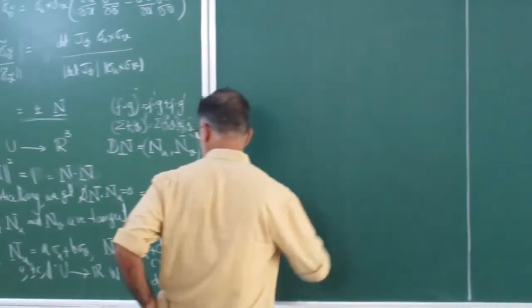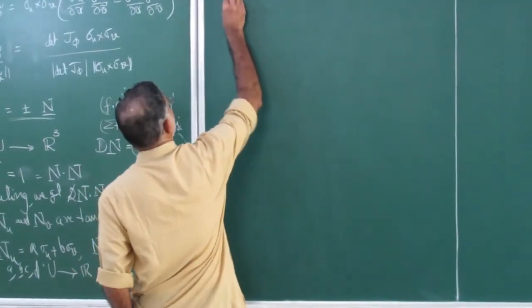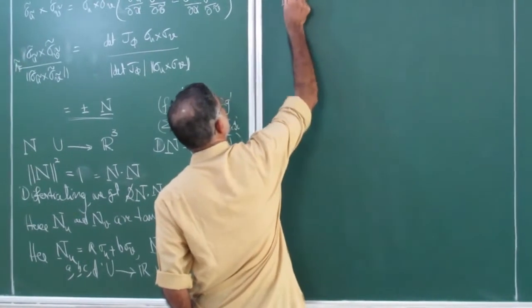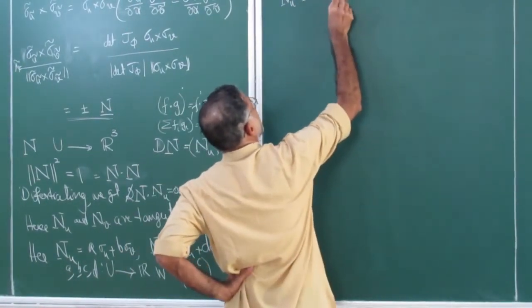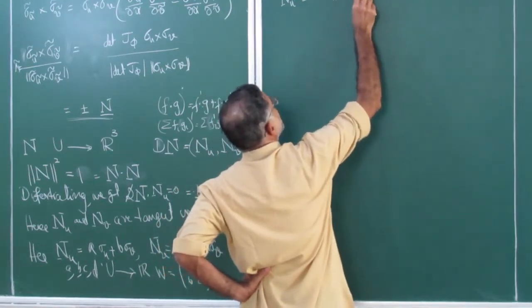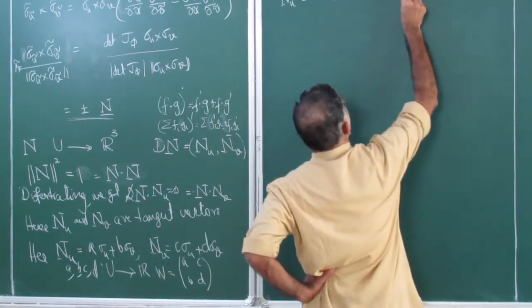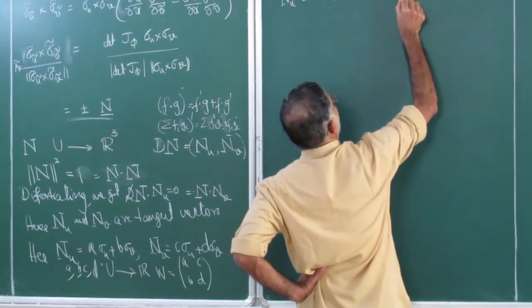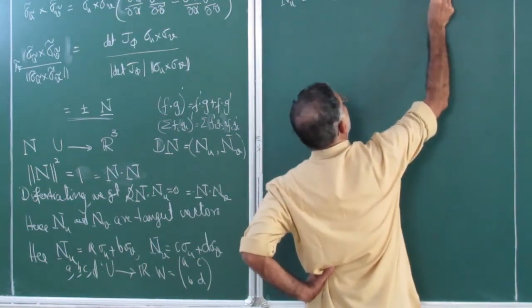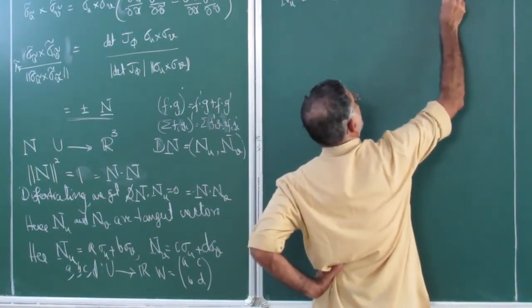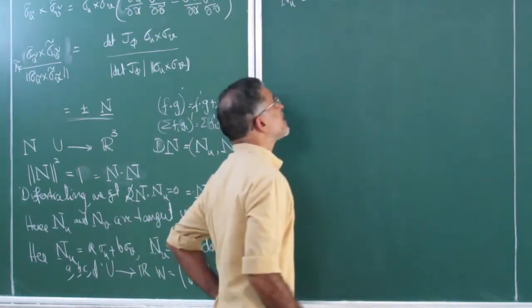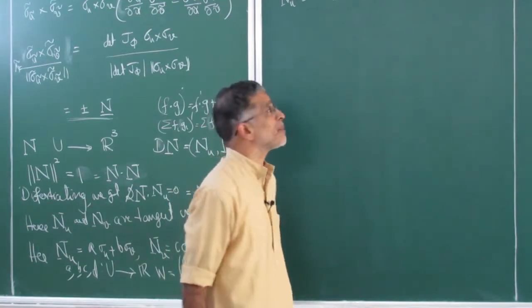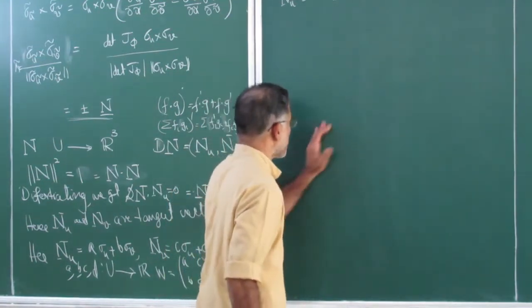So what do we do? Let me write down those first two things: Nu is equal to A sigma u plus B sigma v, and Nv is equal to C sigma u plus D sigma v. You can easily understand that this depends on your parameterization, because your sigma u, sigma v appear.